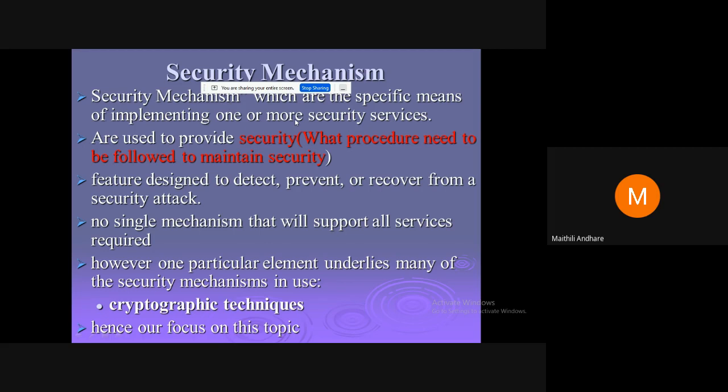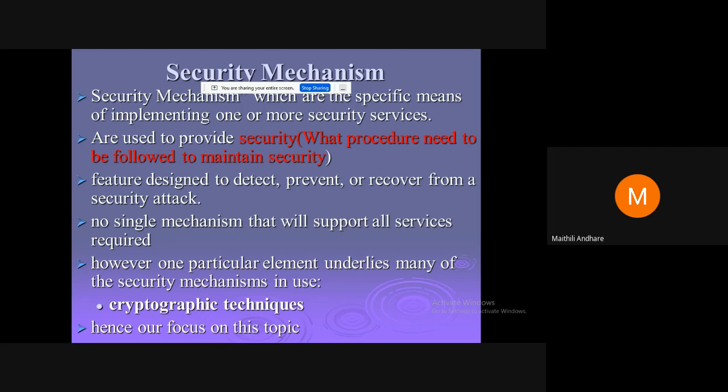Basically, the security mechanisms are used for providing whatever services we are providing, and those are implemented by means of security mechanisms. That's why we can say in a single word that security mechanisms are used to provide the security. That's it.